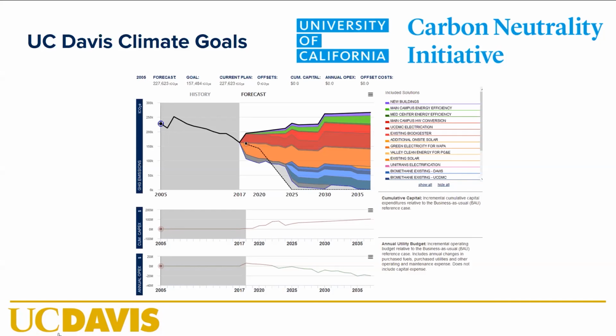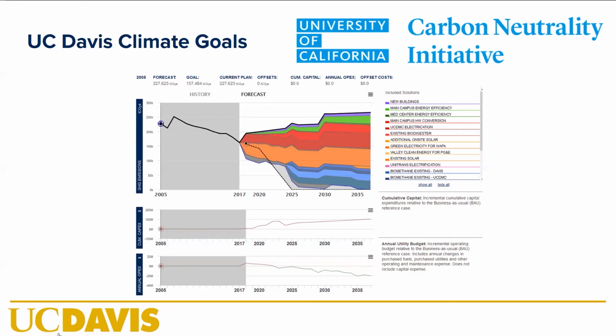That's if we just continued to grow and didn't do anything about reducing our carbon emissions. But there's a lot of things that we are doing and can do. So this shows a slice or a wedge for each action that we can take to get down to carbon neutrality. And this includes our med center in Sacramento as well, which has a big chunk of our carbon emissions because of its cogen unit.